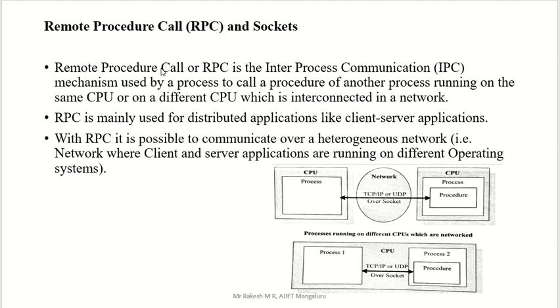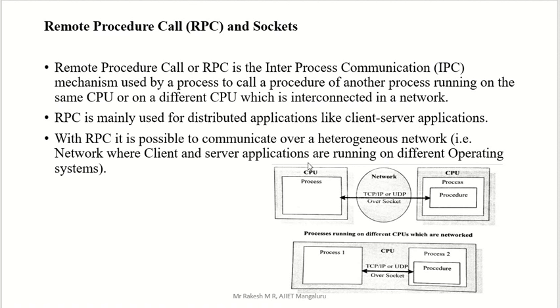Remote procedure call, or RPC, is the inter-process communication mechanism used by a process to call a procedure of another process running on the same CPU or on a different CPU which is interconnected in a network. RPC is mainly used for distributed applications like client-server applications.